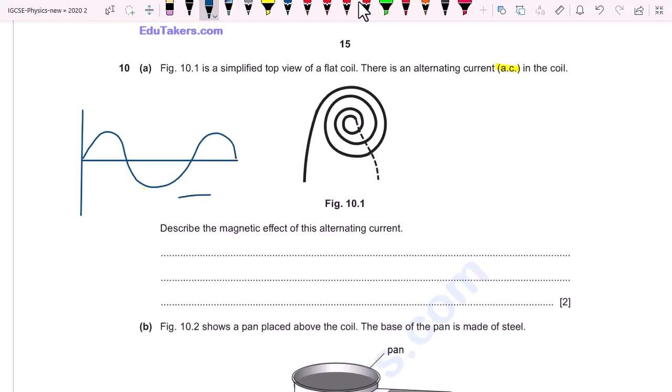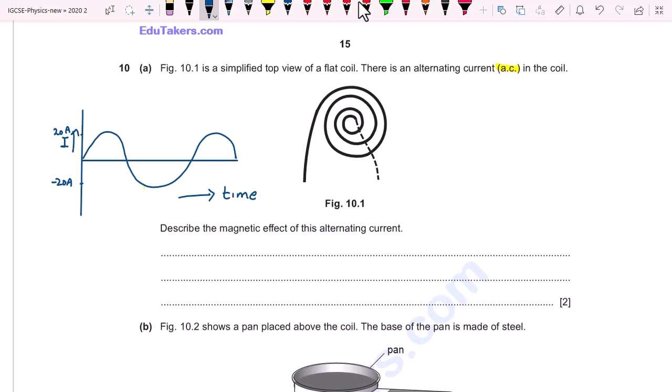On the x-axis I take time, and on the y-axis I take the current. You can see here that if I consider this point at 20 ampere and this point at minus 20 ampere, then the current fluctuates between plus and minus values. It means that it changes its polarity between plus 20 ampere and minus 20 ampere. So the current changes its direction again and again in alternating current.